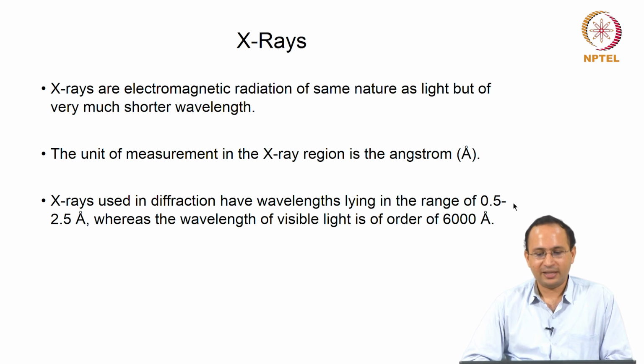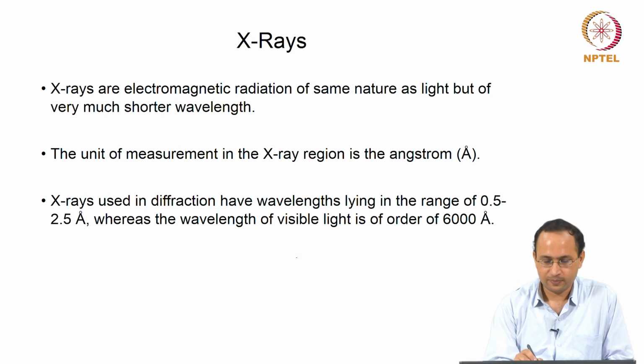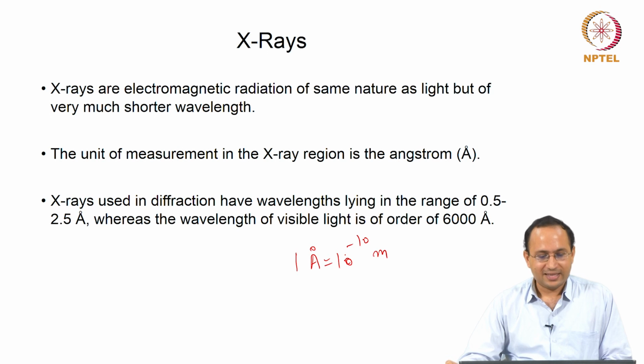The unit of measurement in the X-ray region is the angstrom, and 1 angstrom is 10 to the power minus 10 meter. X-rays used in diffraction have wavelengths in the range of 0.5 to 2.5 angstrom, whereas the wavelength of visible light is of the order of 6000 angstrom. See the difference. The X-rays we use for diffraction have much shorter wavelength.